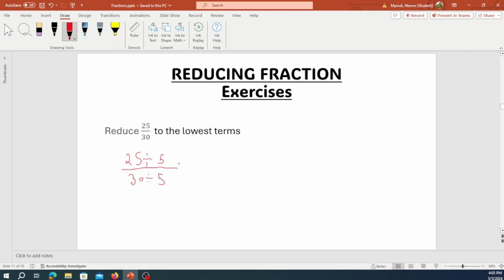Okay, right? So 25 divided by 5 equal what? 5. Because 5 times 5 equal 25.